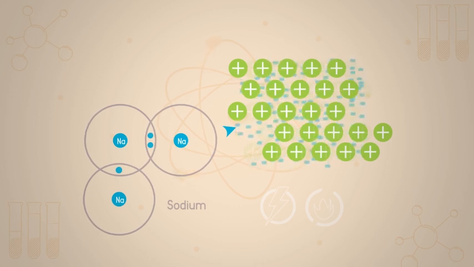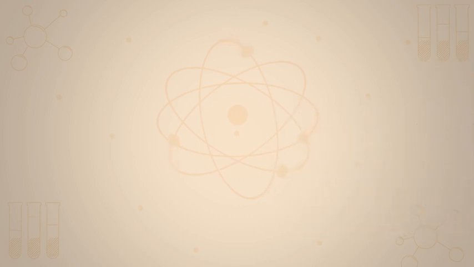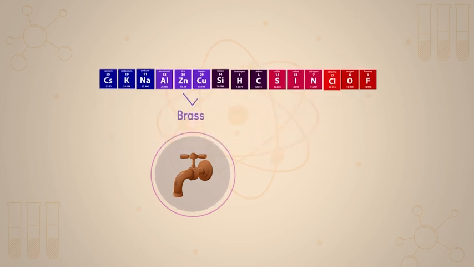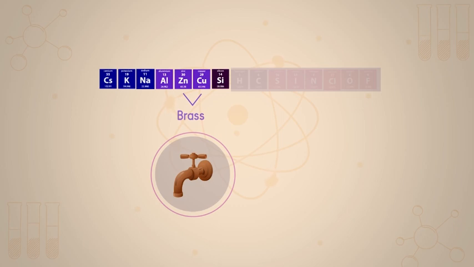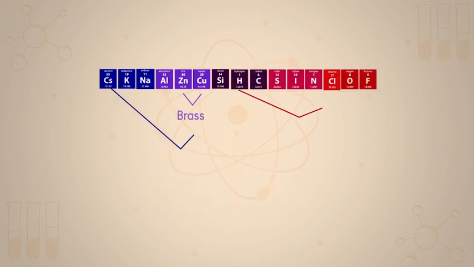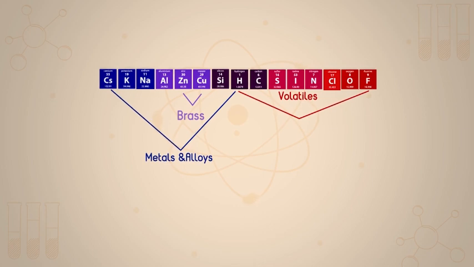This form of bonding will occur between any metallic element which has only a few electrons in its outer shell. Here is brass, an alloy of copper and zinc, for example, retaining the metallic properties of its elements. Thus, we can fill in the metallic bonding part of our structure triangle.